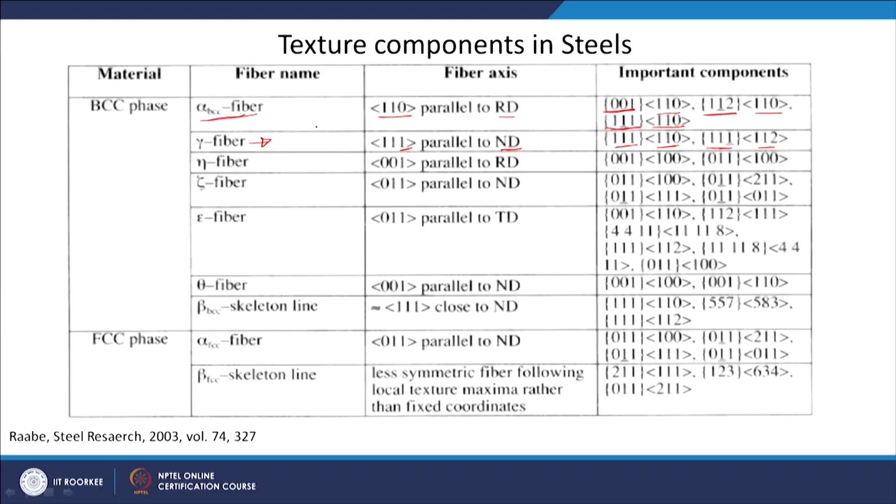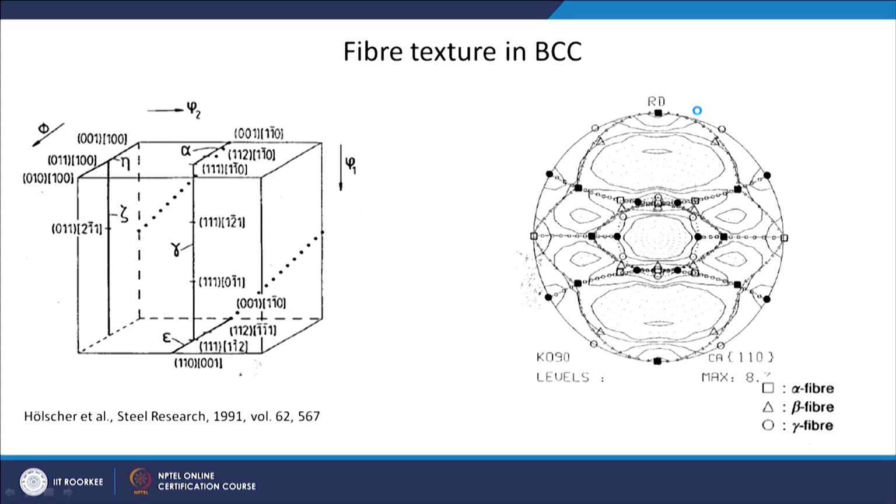Like that there are other components also shown here, with different fiber names, their fiber axes and the relevant components, in terms of pole figure and Euler space, and how they are arranged. The one I was telling you about, the gamma fiber, is located somewhere here, around 45 degrees in the phi 2 angle, and I think 45 degrees for phi as well, and it is a continuous fiber in the phi 1 direction.